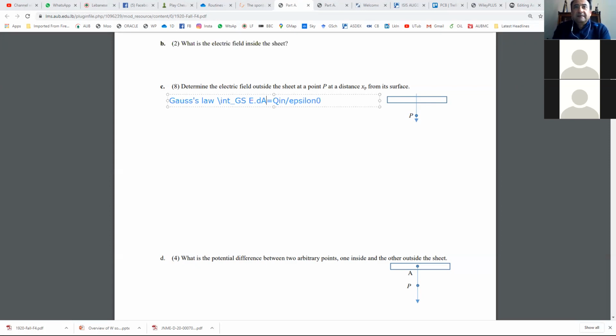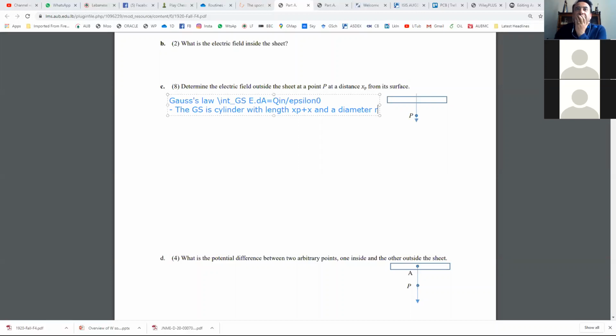So my second point is to determine the Gaussian surface. The Gaussian surface GS, I'm going to say, is a cylinder with length xp plus x, and an arbitrary diameter r.